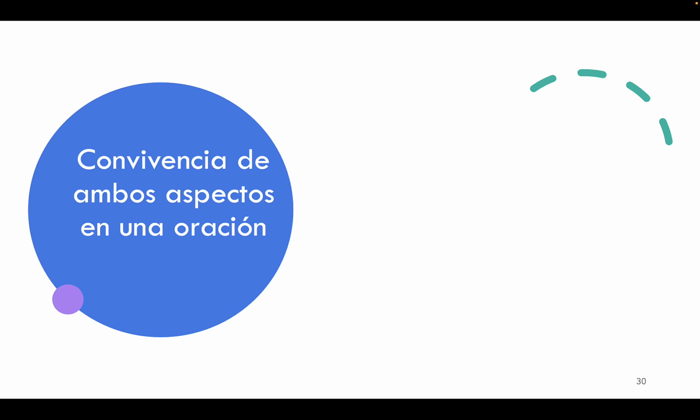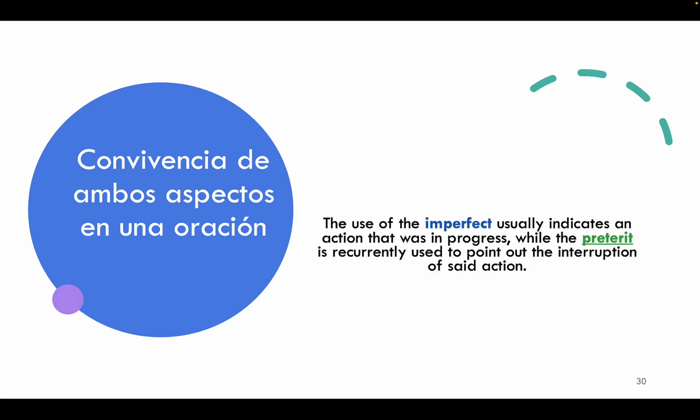So what happens when I find both aspects within the same sentence, right? 2 different actions, each of them reflecting one of these aspects. So what this will imply basically is that one of these 2 actions was happening or taking place, developing, so to speak, while a different action or event interrupted the former. Okay?